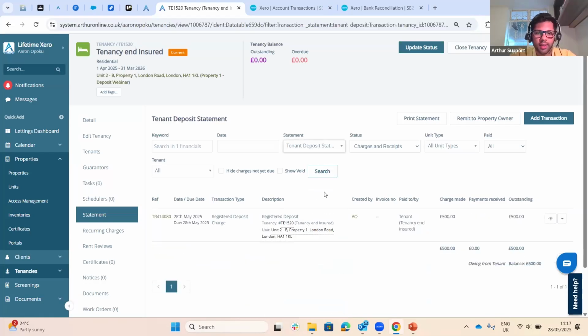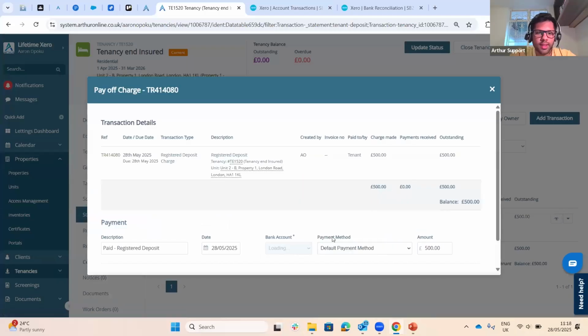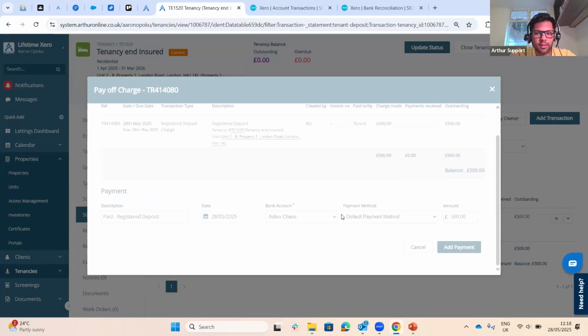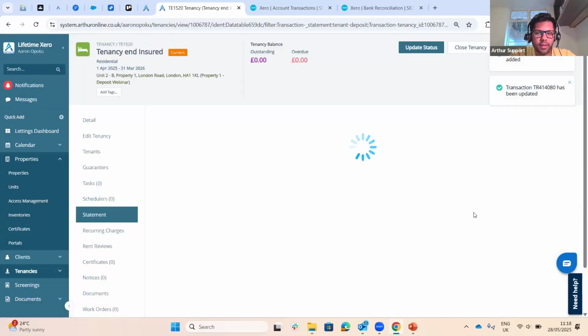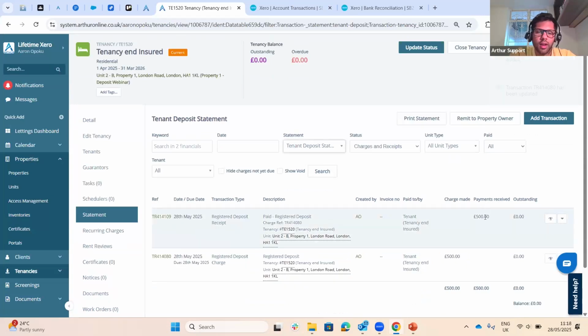So the start of the tenancy was the same. For the insured scheme, you have £500. You pay off the £500 to create the receipt in Arthur to show that £500 has been received by the tenant. That £500 deposit is then held in your own bank account until the end of the tenancy, where you would then go ahead and process the deposit refund.